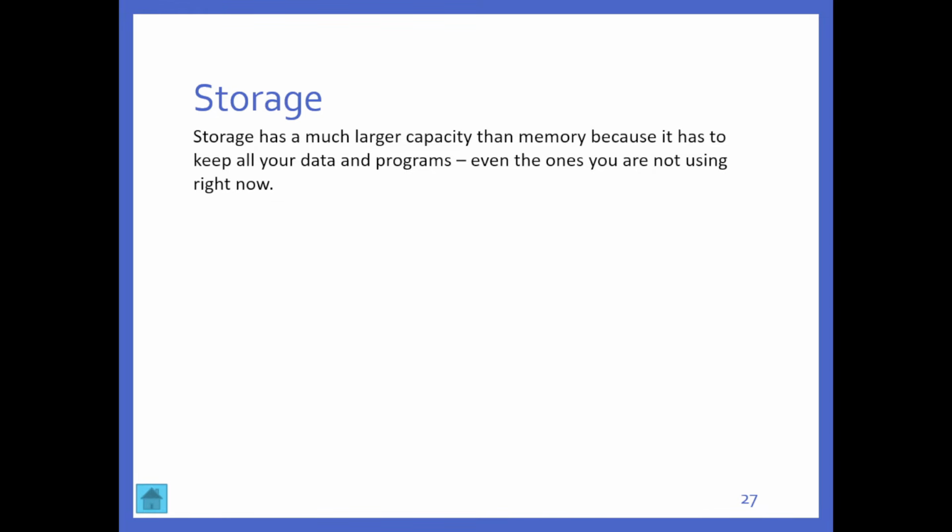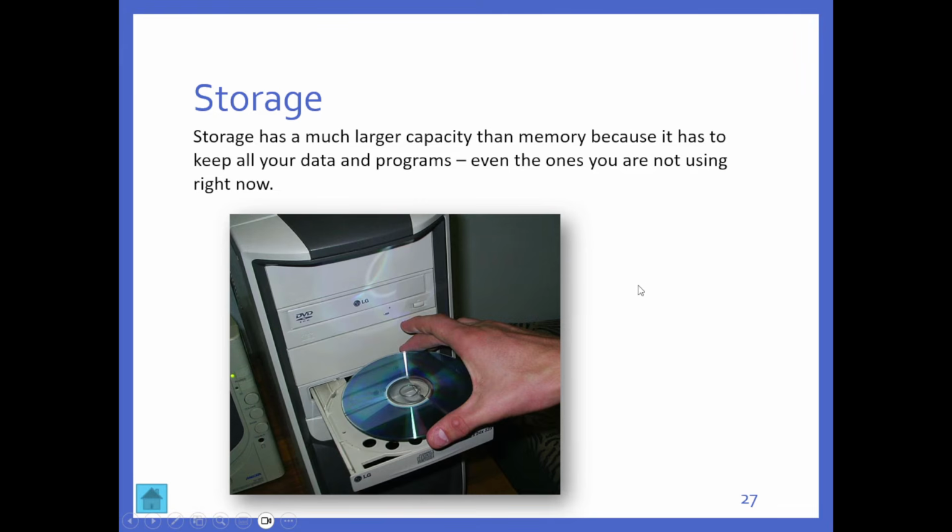Then we have storage. Now, storage has a much larger capacity than memory because it has to keep all of the data and programs, even the ones you are not using right now. And here we have a very old example, right? We're dealing with a CD, and over here I have what's known as a DVD-ROM. Here's a CD-ROM as well.